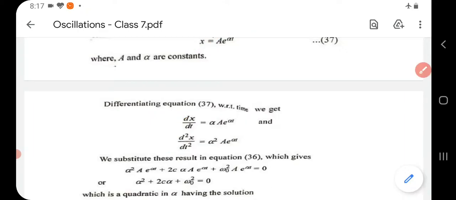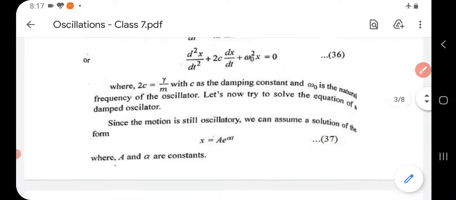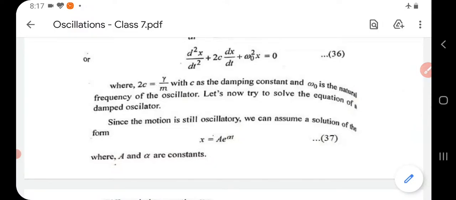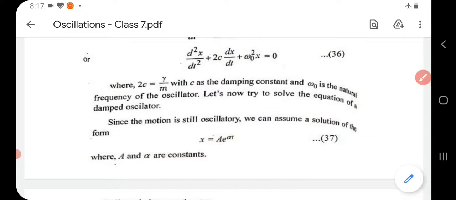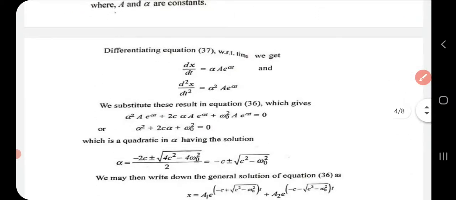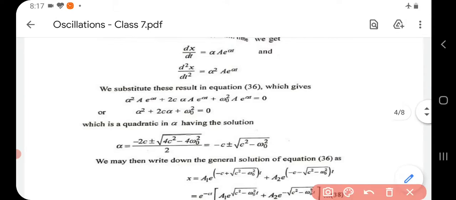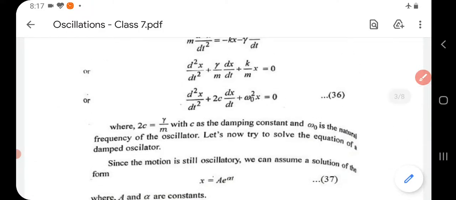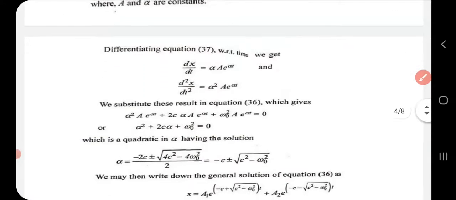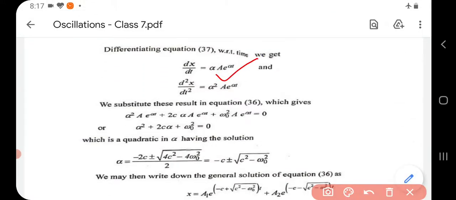Now substitute all these values in equation 36. In place of d square x by dt square, you can write alpha square a e raised to alpha t. Now 2c is kept as such, and in place of dx by dt you can write alpha a e raised to alpha t, so 2c alpha a e raised to alpha t.